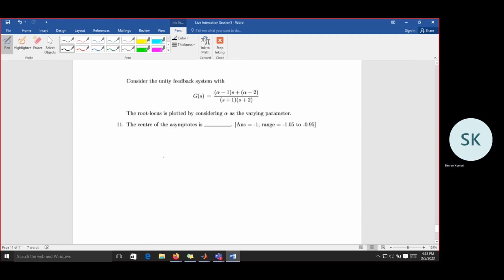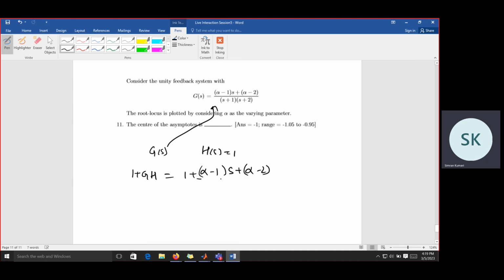For this, ultimately what we are trying to do is satisfy the angle and magnitude criteria of this characteristic equation. So we have this G(s) and H(s) equal to 1, and G(s) which is given like this. Then we can find the characteristic equation, which is 1 plus GH: 1 plus (alpha minus 1)s plus (alpha minus 2) by (s plus 1)(s plus 2) equal to 0.